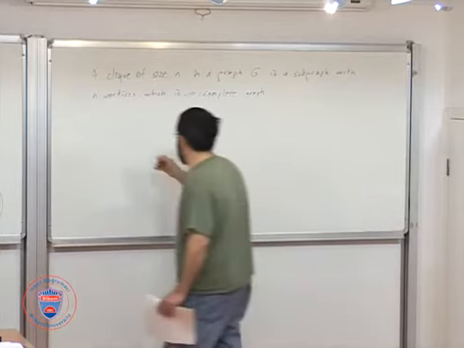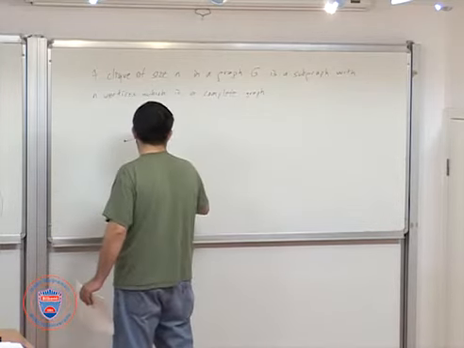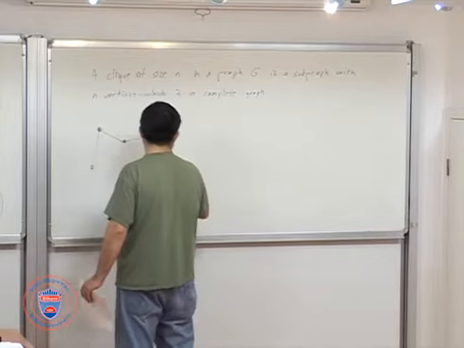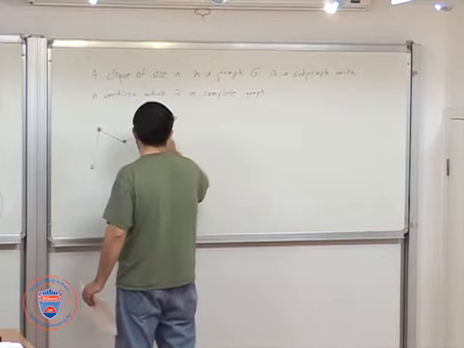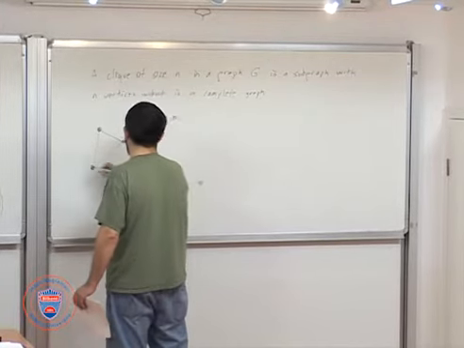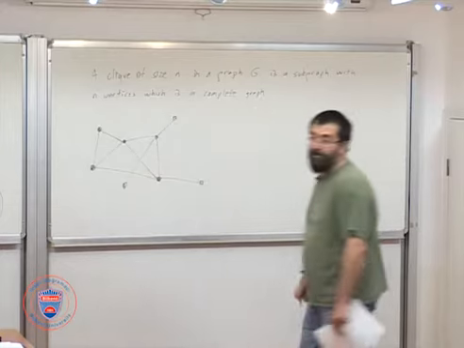So, for example, we have a, say, complicated graph which has lots of knots. You can ask yourself, what's the clique size of this?